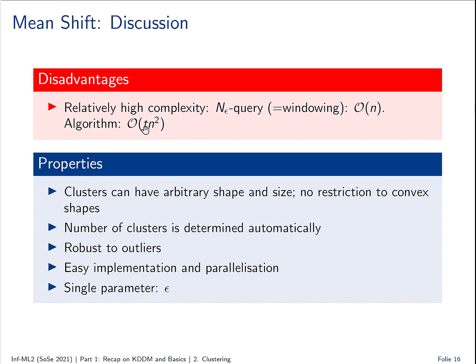If we have T clusters, which is not known beforehand, we get T times n squared. The n squared is because we have to do the windowing for all the points, and one windowing for one point is already linear, so n times n. So relatively high complexity, which is not so nice, and it also means we cannot play too much with the parameter. That's the downside.